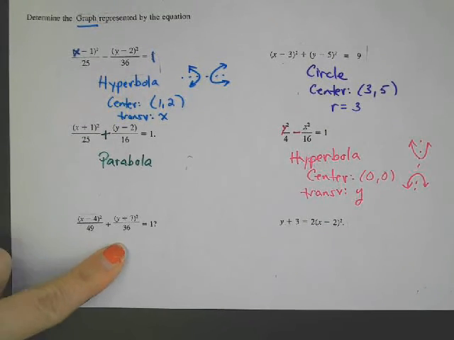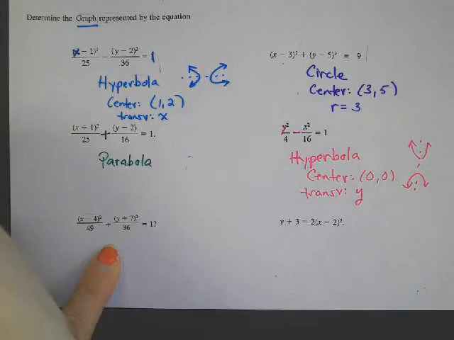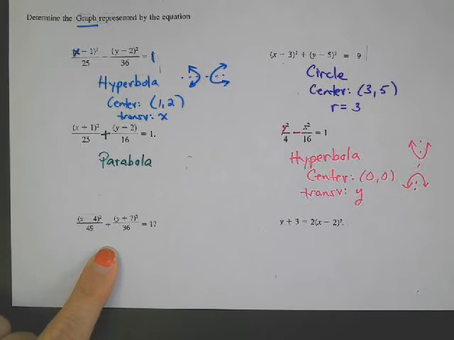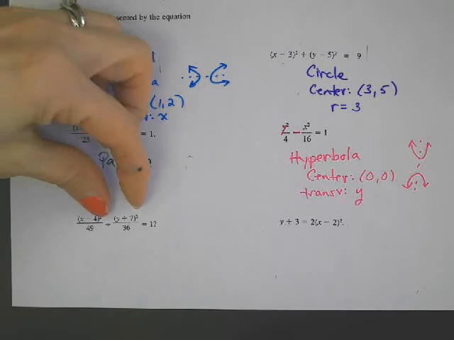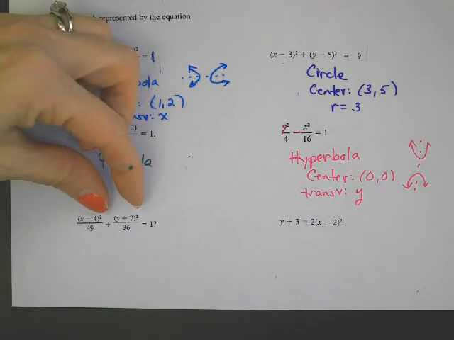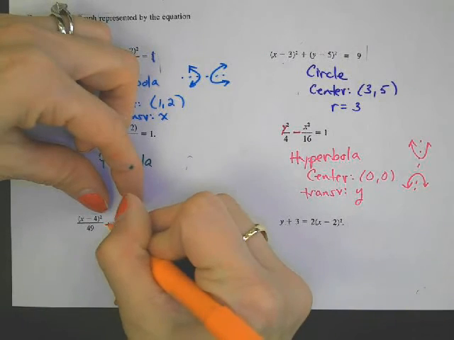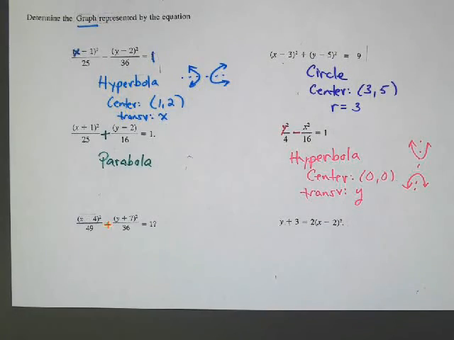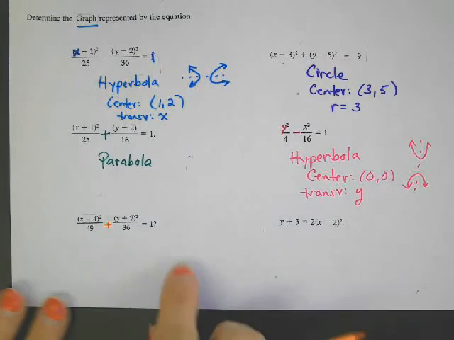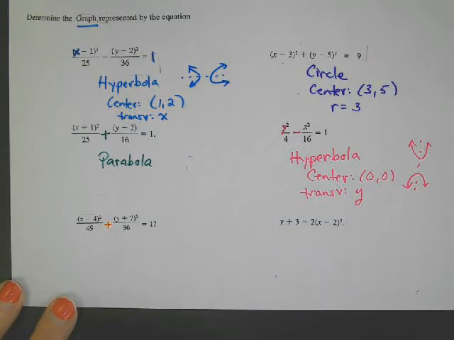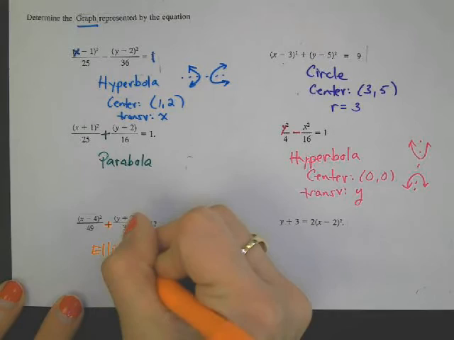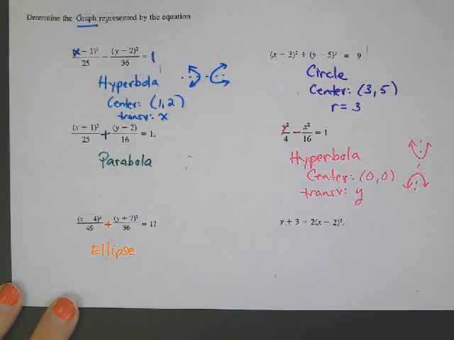Okay, down here, bottom left-hand corner. What shape is that? It's squared, squared. It's not a parabola. And it's plus, so it's not hyperbola. What shape is that? Ellipse. Let me ask you some things.